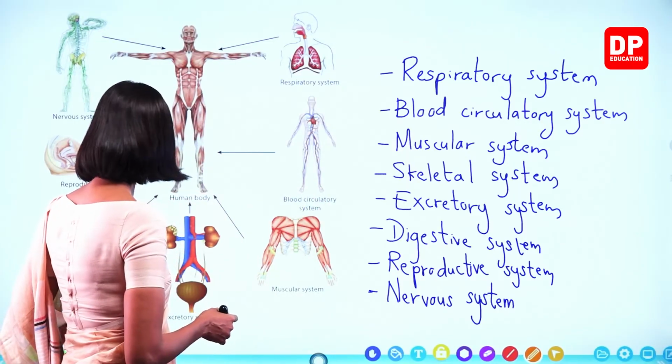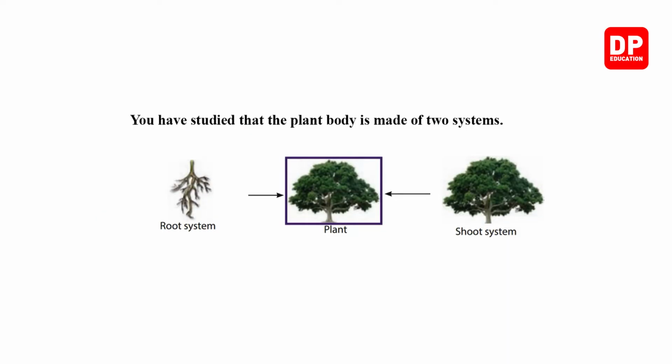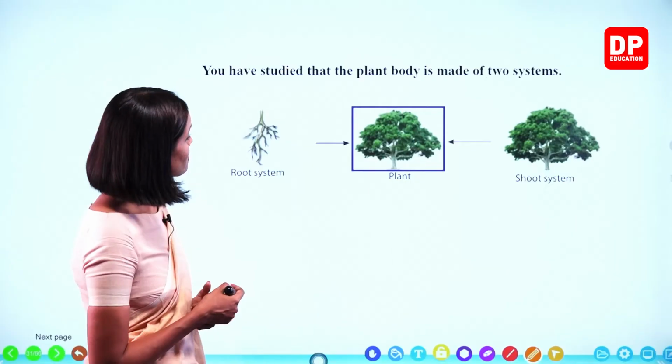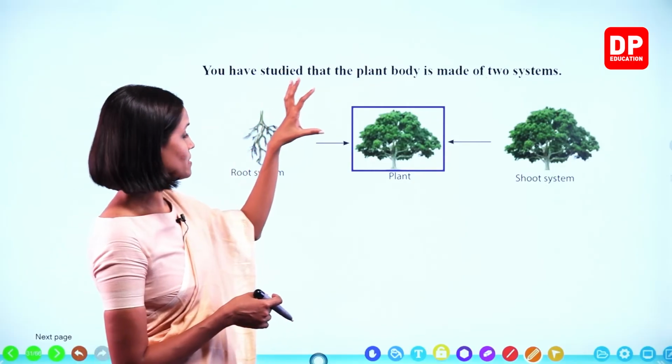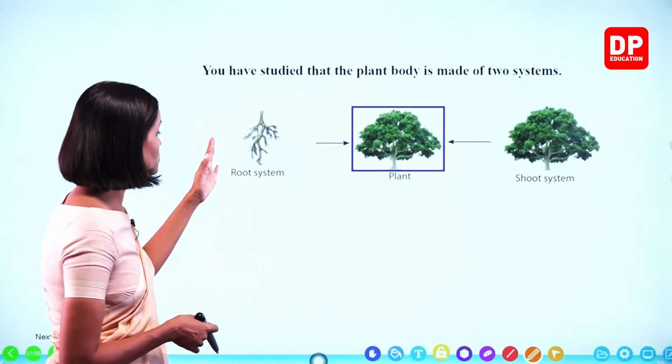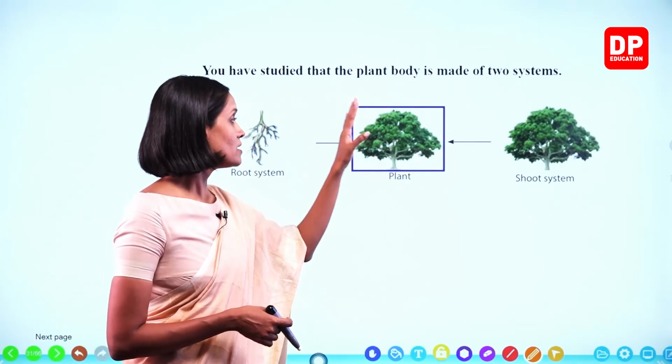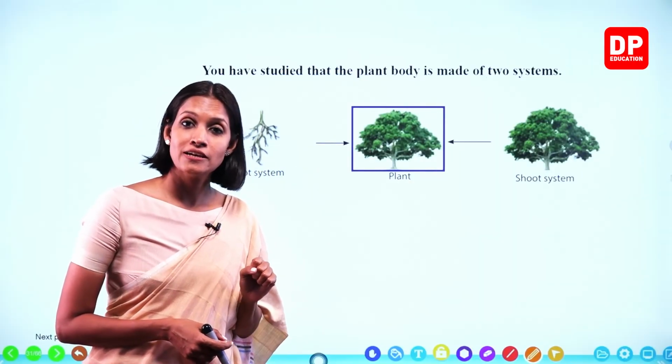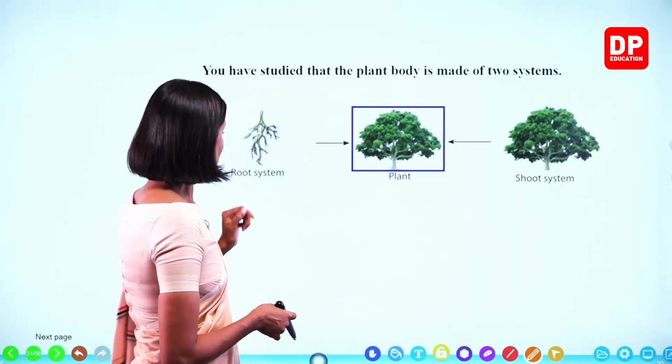Right, children? So when it comes to the other parts, you have studied that the plant body is made of two systems. What are they? Root system and the shoot system. Right, children? So the organism is plant body. By combining the root system and the shoot system, the plant body is made. Right, children? We'll move on to the next.